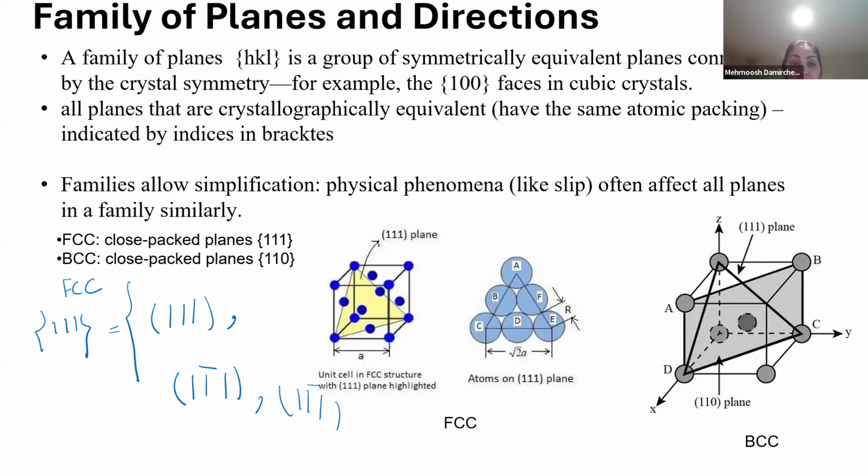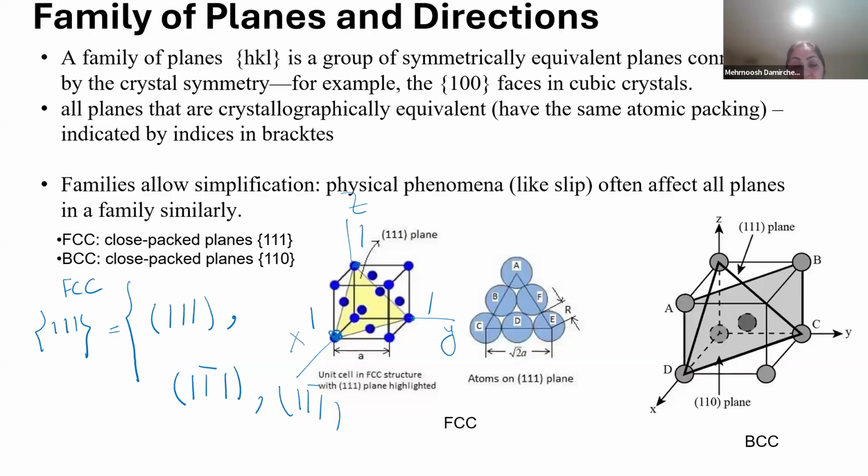The most close packed planes, or family of them, for FCC is 111, and for BCC is 110. Here you see the yellow plane that is 111 for FCC structures. What's the meaning of 111? A fast review of the Miller indices: for example, XYZ means an intercept on the x-axis at 1, y-axis at 1, z-axis at 1.